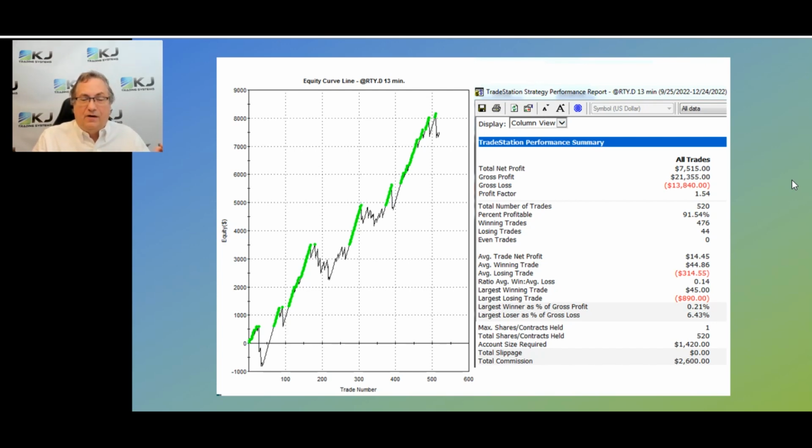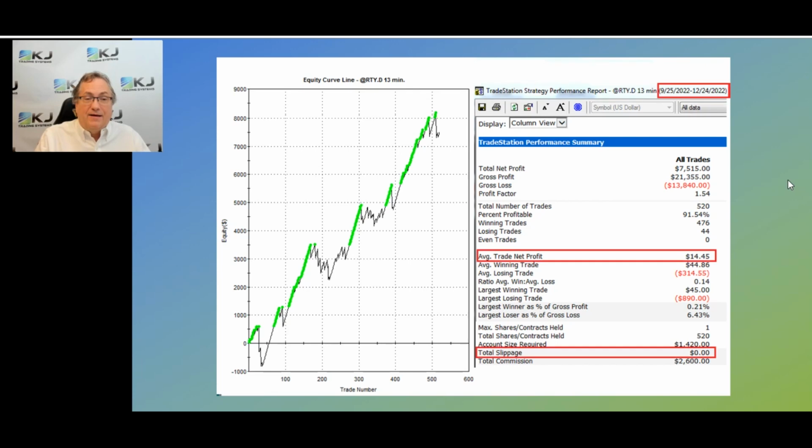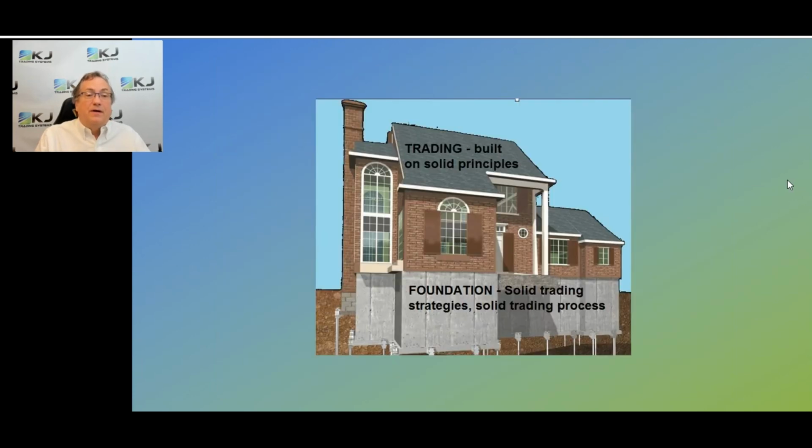That is one key. The second is you want to have a solid process, okay? You want to build it on a solid foundation. That's your trading process. That's how you build systems. So if you were building a house, you first build that foundation, right? And then you can build a house on top of it.